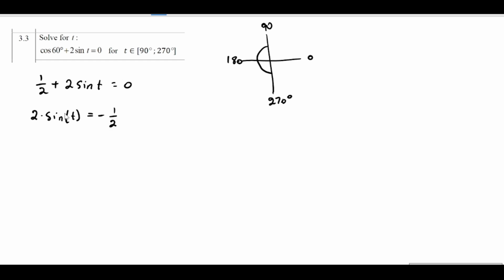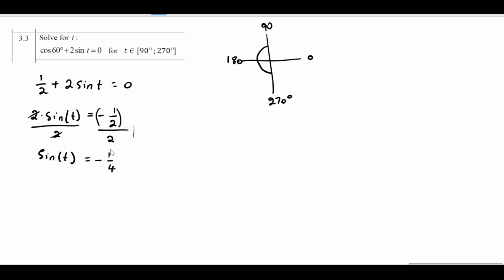And then you need to get rid of this 2 here by dividing by 2 on both sides. 2 and 2 divide to 1. Then you have the sine of angle t equals, put this in your calculator, negative 1 over 2 divided by 2 is going to give us negative 1 over 4.